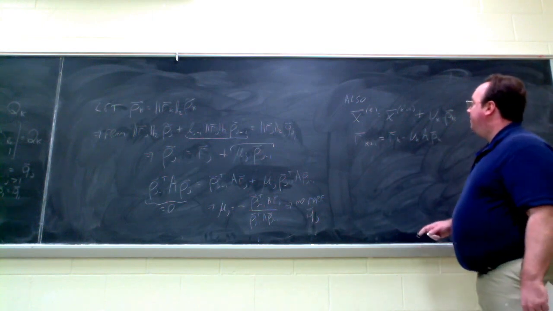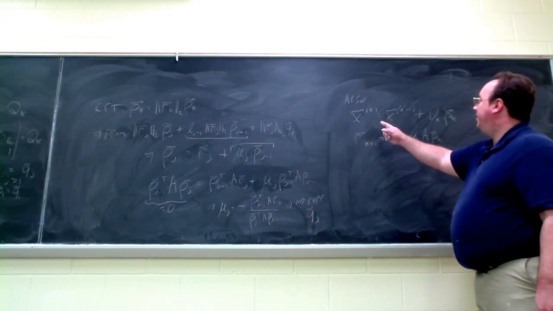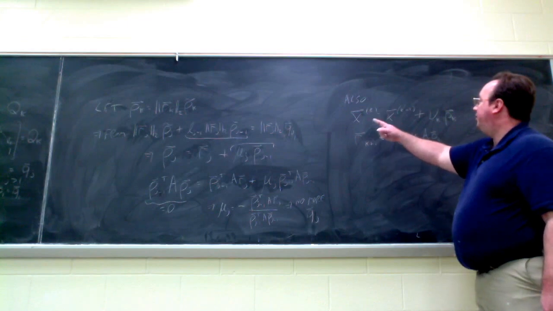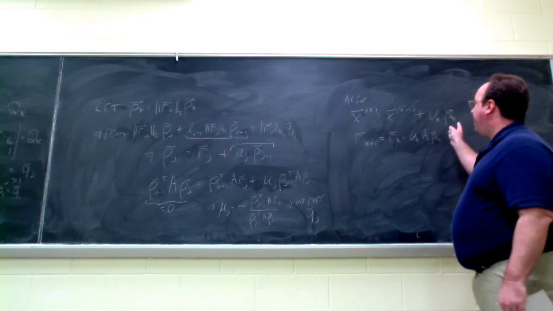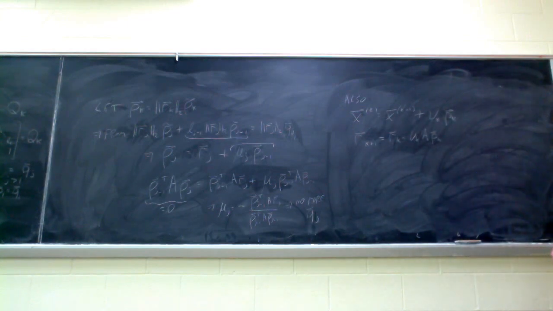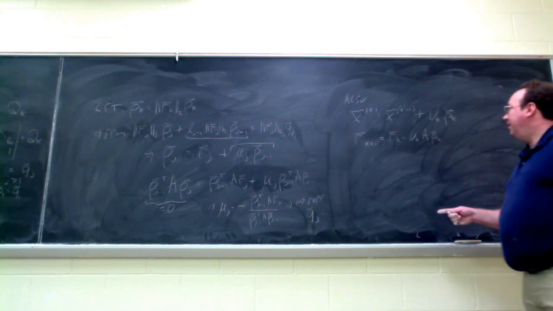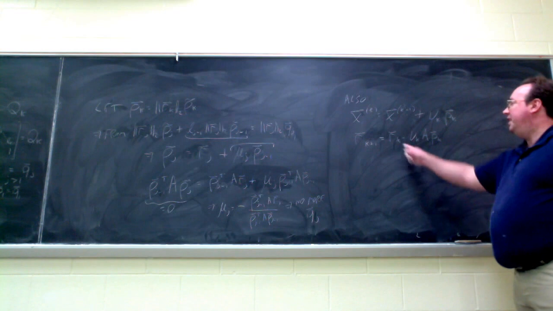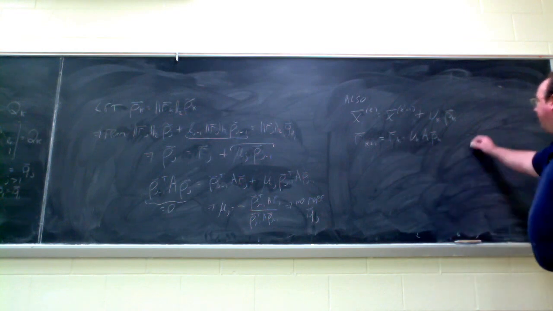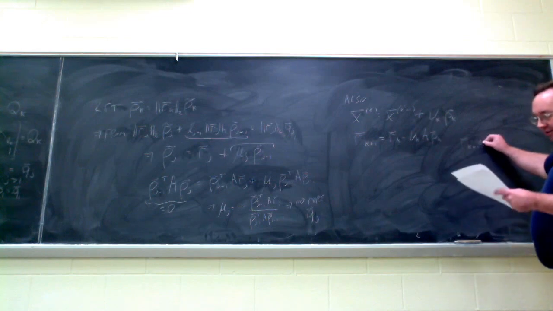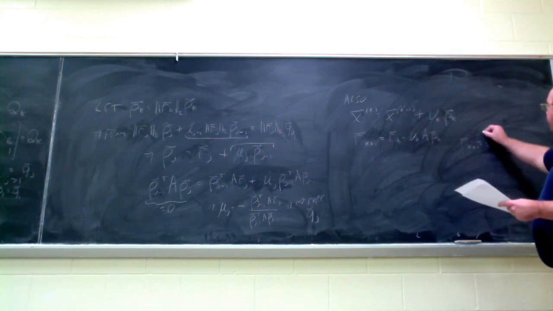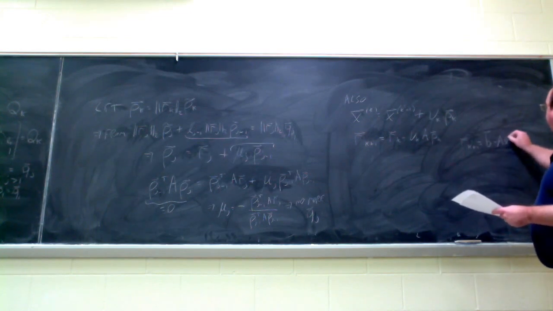Because if I multiply both sides of this by A, and then subtract both sides from b, I get this relationship, because r k plus 1 is b minus A x k.